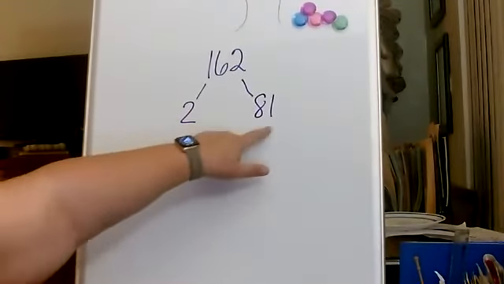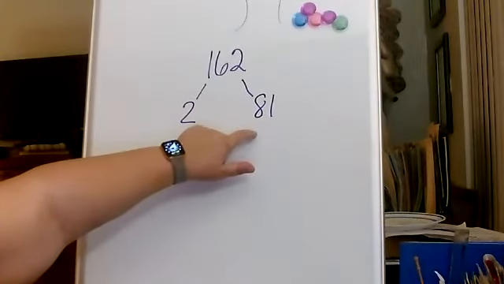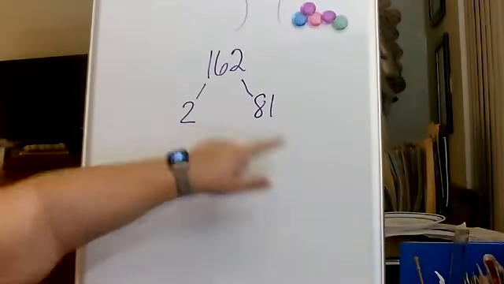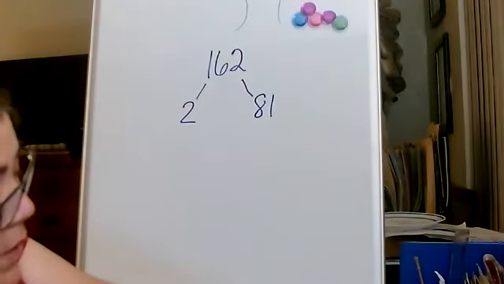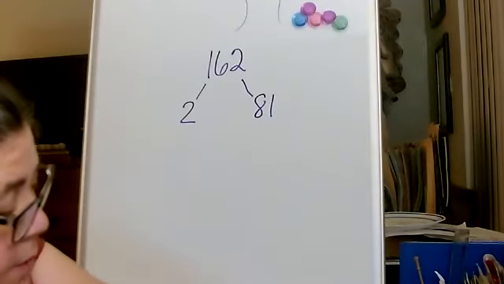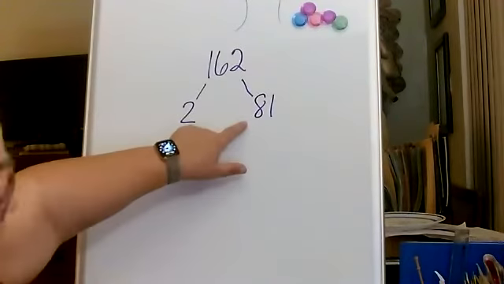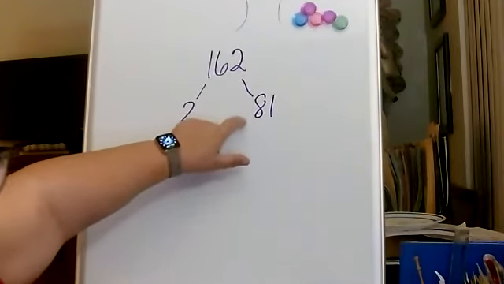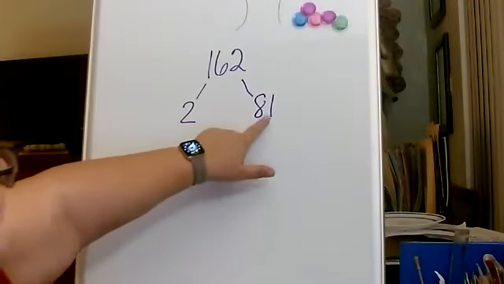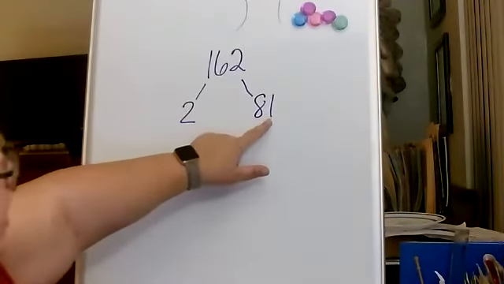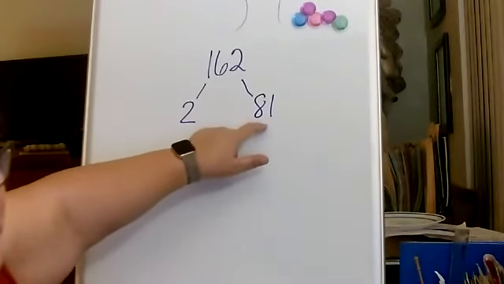Now we go to the 81. Is 81 an even number? No, it's not. But if we go to our divisibility rules, we see that if the sum of its digits is divisible by 3, then it's divisible by 3. If you add 8 and 1 together, that means that it's 9, and 9 is divisible by 3.